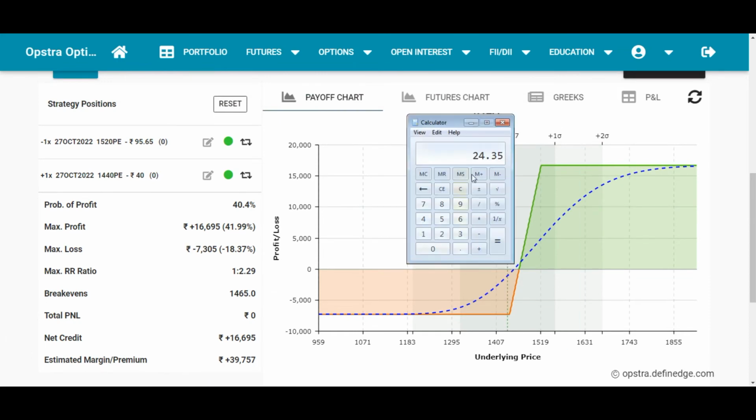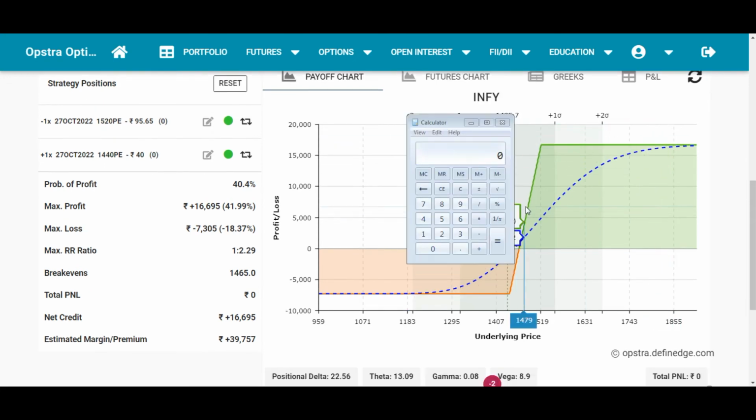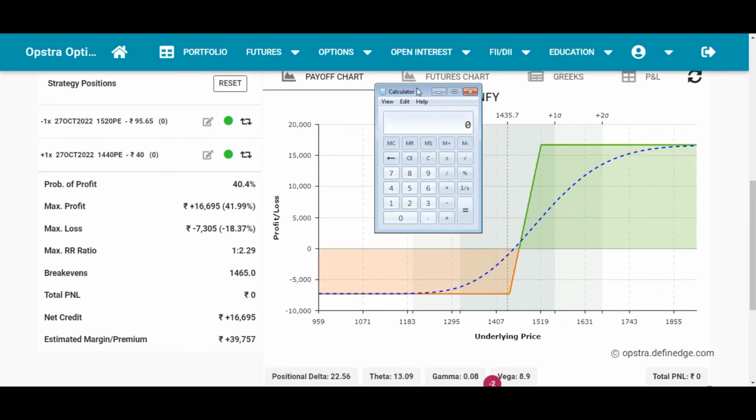Suppose the lot size is 300 for Infosys. So friends, to reduce the loss of 7,305, we need to divide this by the lot size of Infosys, which is 300. Here you can see that we will require a premium of around 24.35 to make the adjustments and reduce the loss of around 7,305 rupees in Infosys.